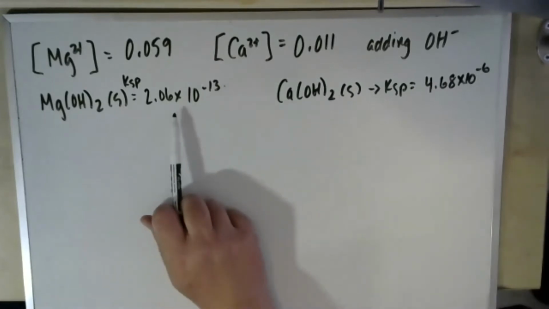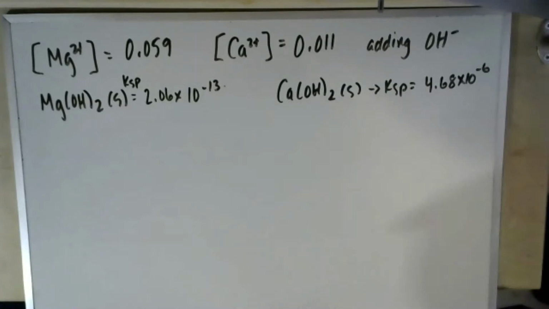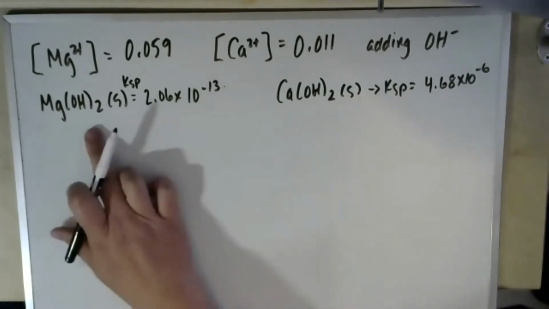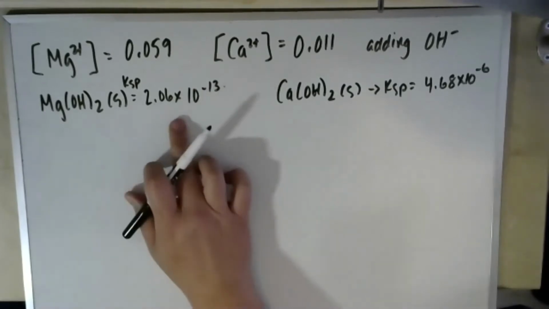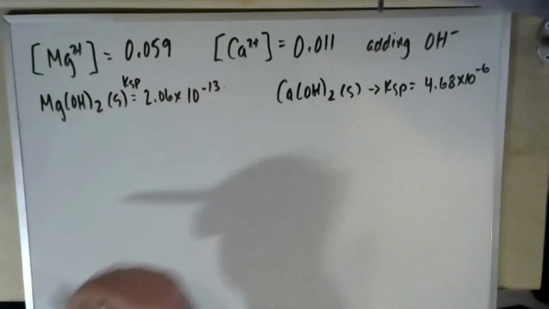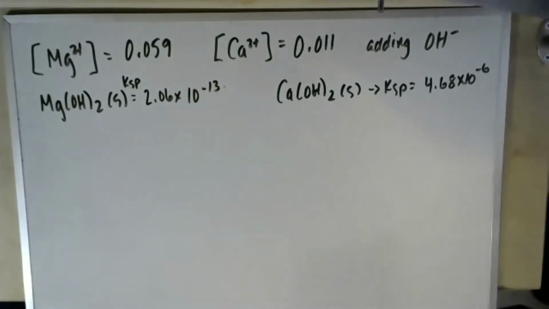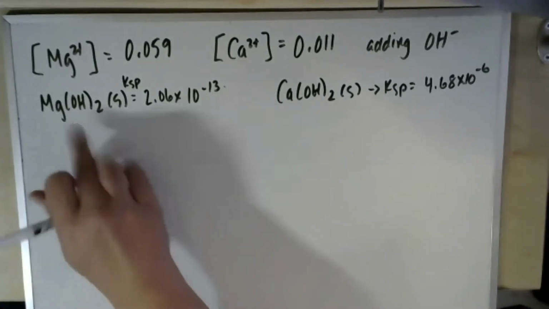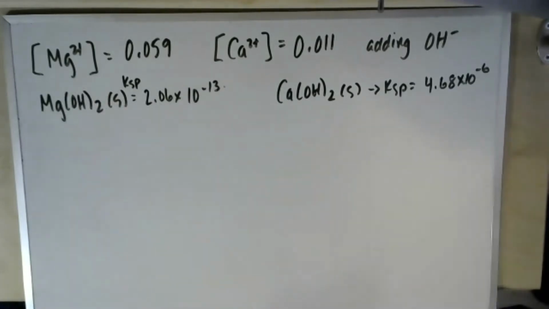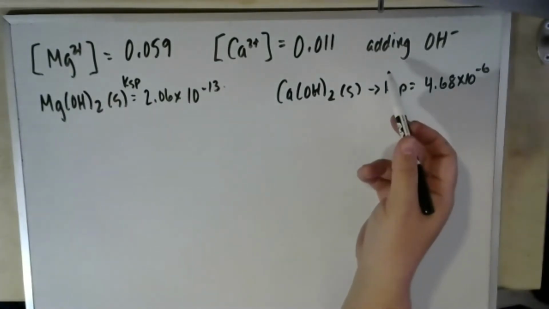And a very small KSP means that the concentration needed to precipitate the solid is very, very small as well. Okay, that's why we're going to be able to trigger the precipitation of the magnesium ion first. We're going to be able to form this solid with less of a contribution of the hydroxide ion.